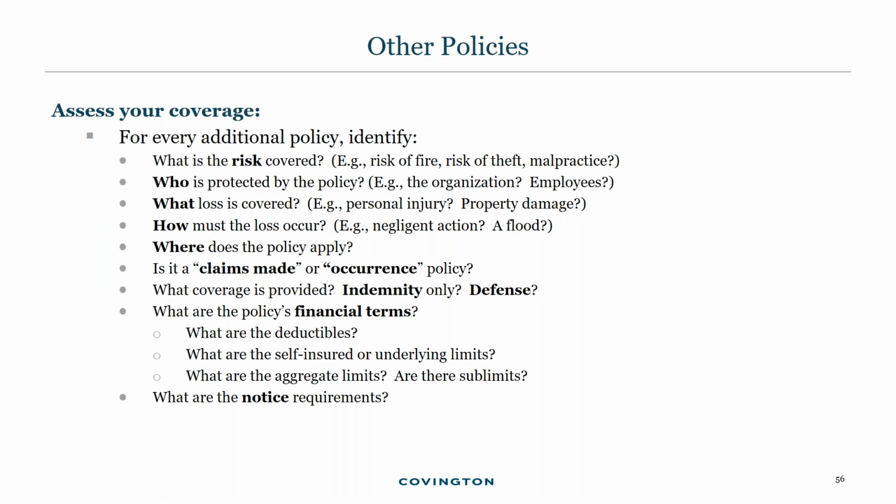You want to understand what are the policy's financial terms. What are deductibles? What are self-insured retentions or underlying limits? So these are all financial terms that must be satisfied before the policy actually pays real money. You want to look at what's called an aggregate limit.